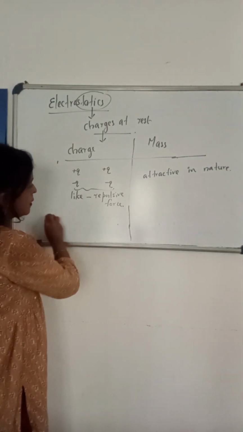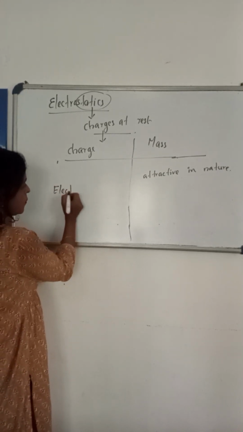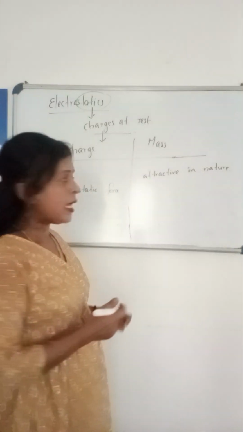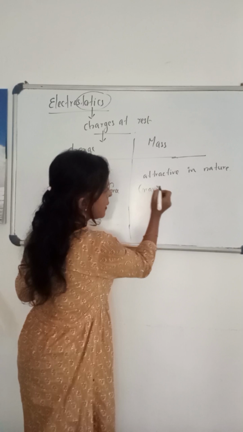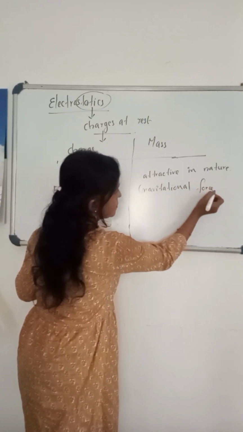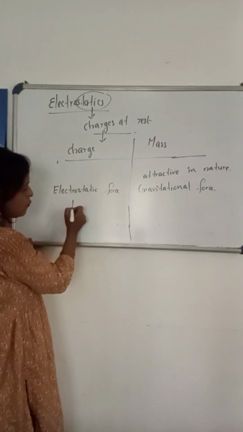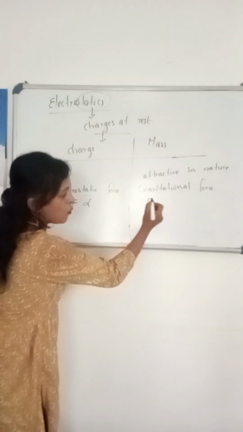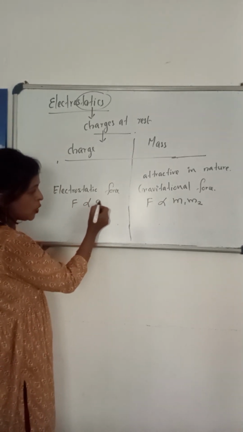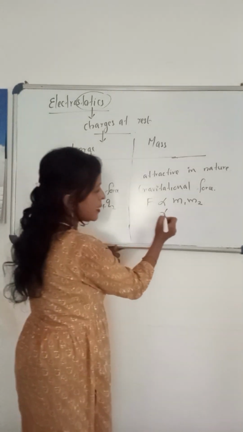Electrostatic force. And here for masses, the force is the gravitational force. The gravitational force is directly proportional to the product of masses, and the electrostatic force is directly proportional to the product of charges, and it is 1 by r square.